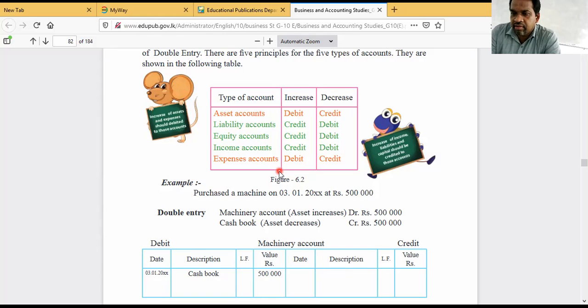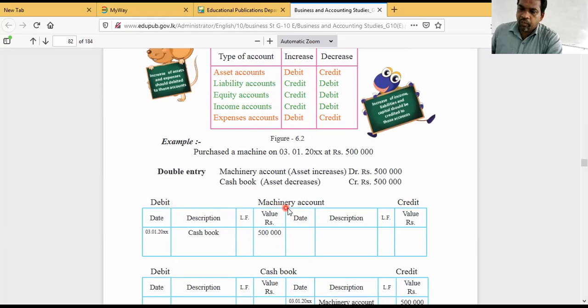Asset decrease 500,000. When you purchase a new machine in cash, a new asset will come to the business. Therefore, asset increase concept, you debit machine account. When you purchase, you have to pay in cash, then money goes out. There will be a decrease in asset. So you have to credit to cash account by an equal amount, that is 500,000.